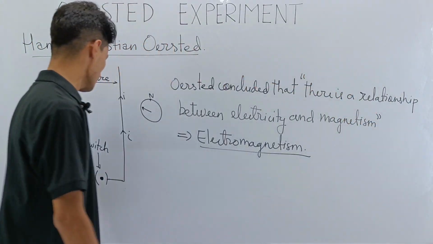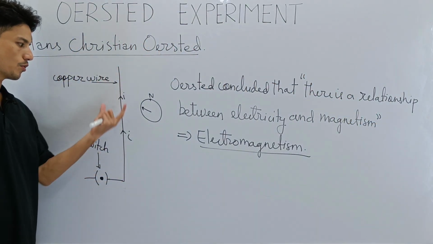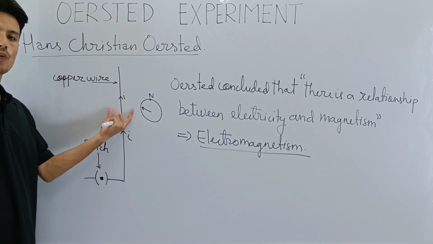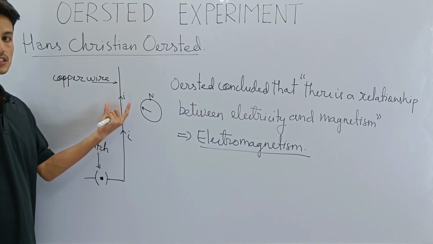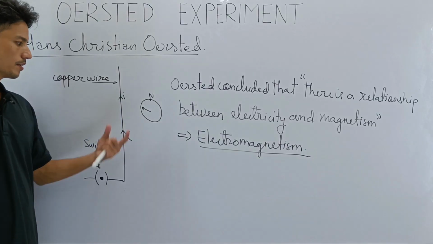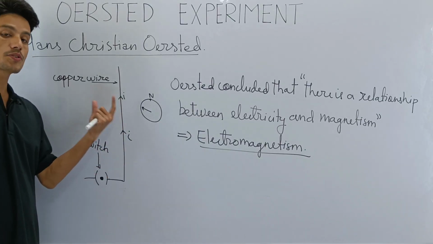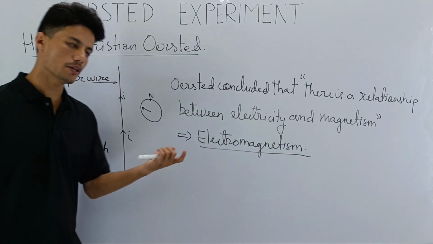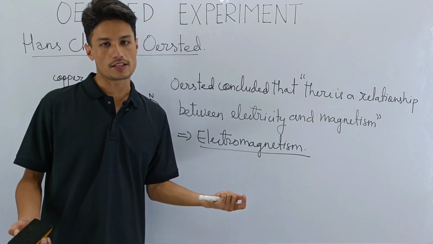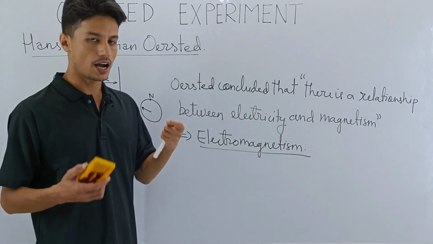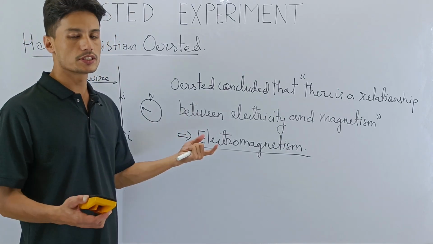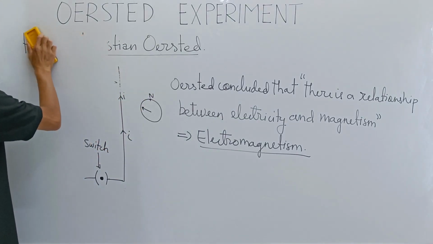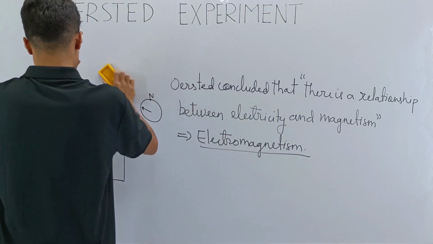So remember, my dear students, when current flows through a wire, the flow of current produces magnetism in the wire, and this was confirmed by none other than Hans Christian Oersted all the way back in the year 1820, and today we are in the year 2025, and see how applicable and important, what a wonderful discovery this was. So let's continue with our discussion with the next topic.